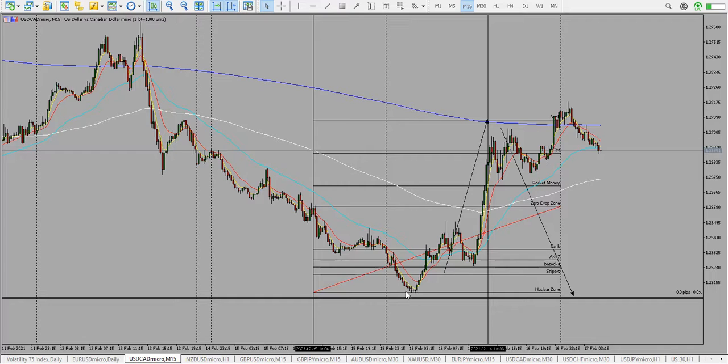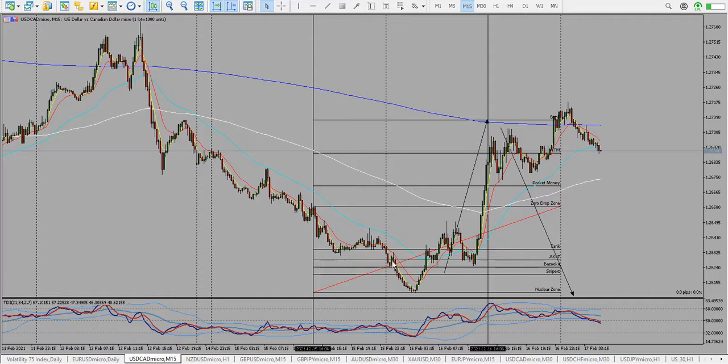Then I saw that the market was getting tired of dropping, and they started to rise to the spin move.